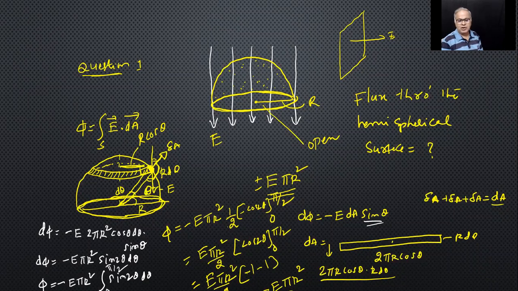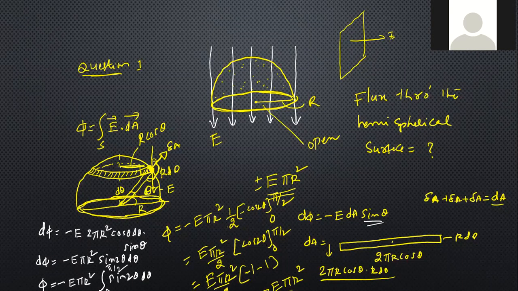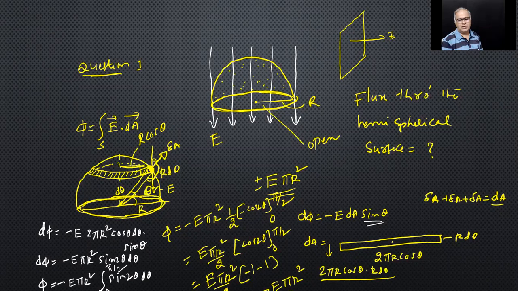Now, what is happening? Do you understand? Do you follow what is being done here? Sir, we took one part of a ring and then made it a ring and again took many rings.